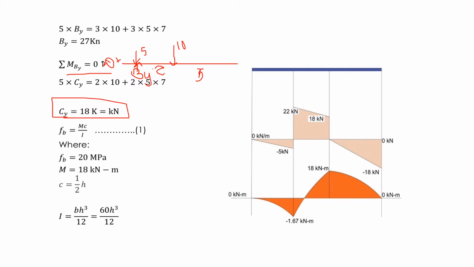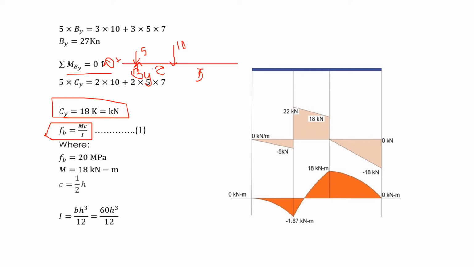Therefore we have to find the equation f of b equal to Mc over I, because we want to find the minimum height of the deflection beam. So I use 18 kilonewton meter. It's the high peak reaching out on the beam. Shear diagram and moment diagram is 18 kilonewton meter. So c is equal to 1/2 of h.